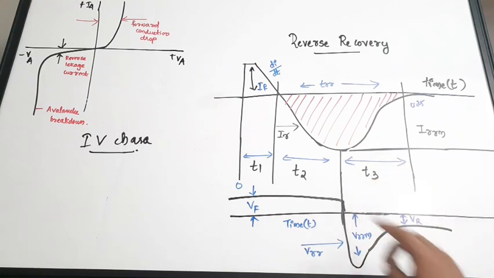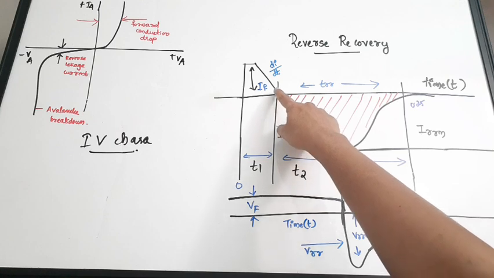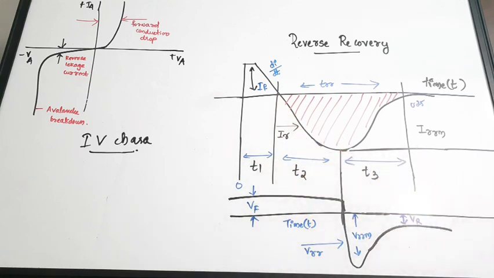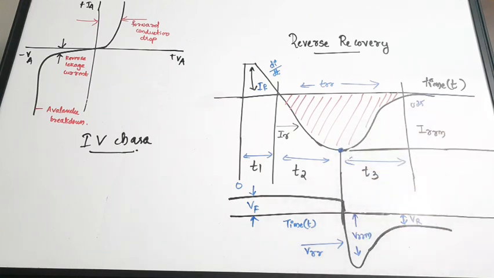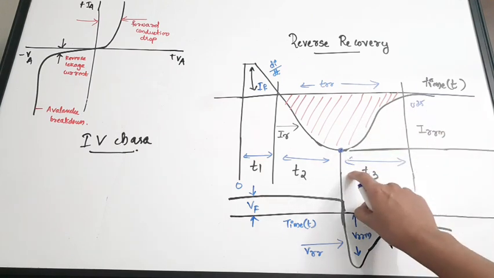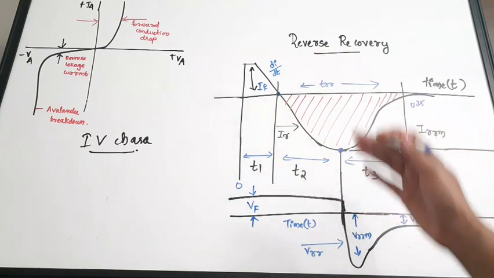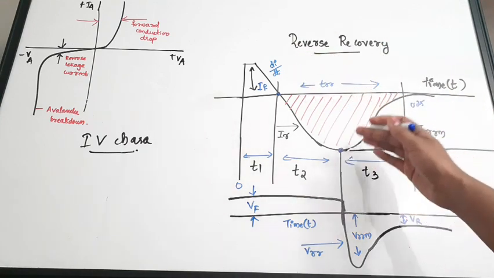T2 is the time when the current jumps from a positive value suddenly to the maximum negative value. You can see this point, I'll mark it there. This point represents the negative peak. In the actual case it does not go to 0; before going to 0 itself it goes to the negative value.